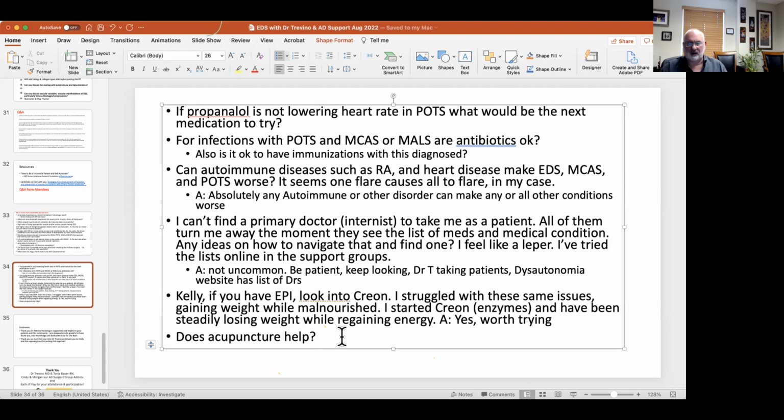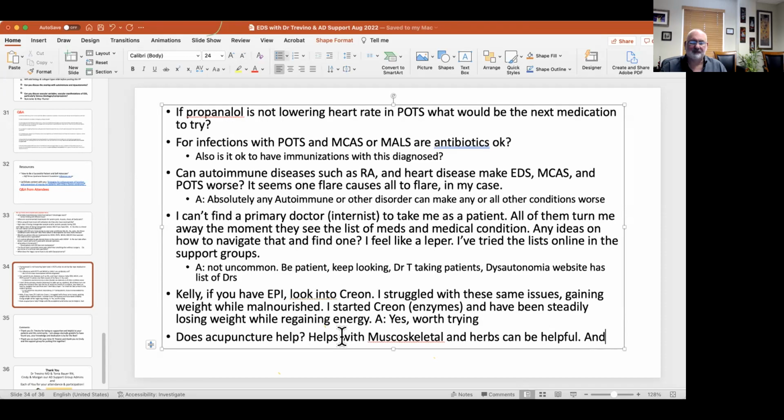I know with a lot of the musculoskeletal things, it can help. And I think that it can help with some of the other things too, but I don't have enough knowledge to actually comment. But from the people that I know that have had it, I would say a lot of them will tell me it does help.